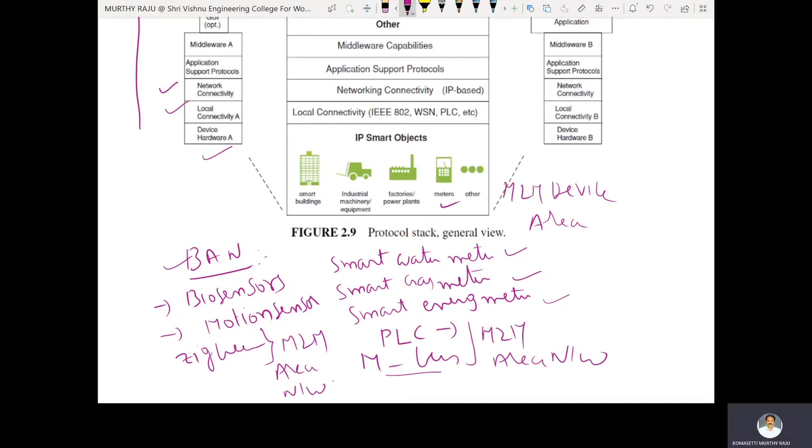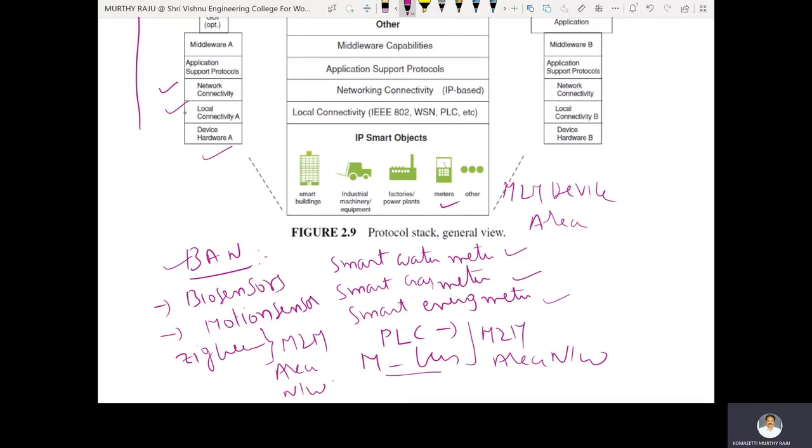These sensors are placed on the body of the patient, monitor the conditions of the patient, and generate some data. How are these sensors connected? They are connected by using Zigbee, a low power, low data rate wireless personal area network. That is called local connectivity.